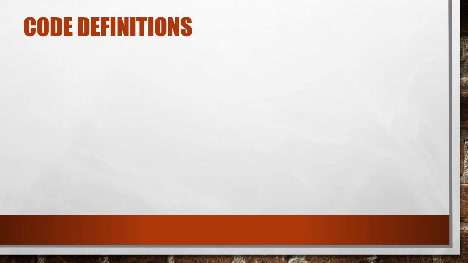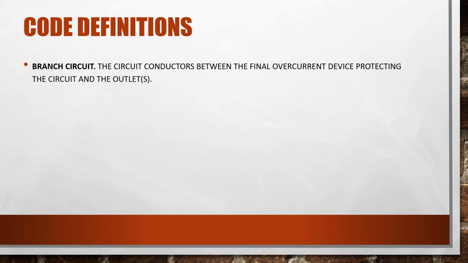Now let us review some code definitions for a clear understanding. A branch circuit is the conductors between the final overcurrent device protecting the circuit and the outlets or the loads. So this is our branch circuit.